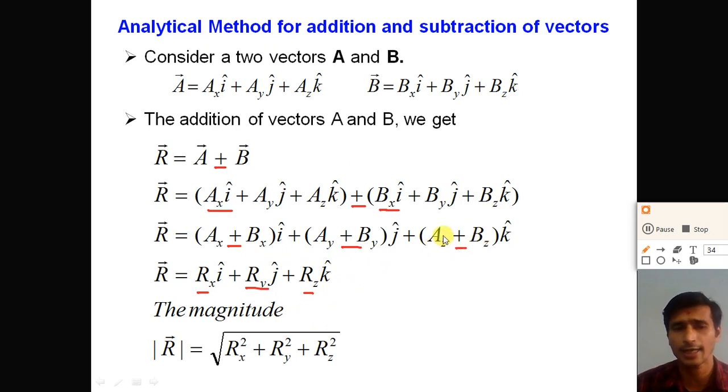So here rx, ry and rz are the components of the resultant vector in the direction of x, in the direction of y and in the direction of z. So here we get the resultant vector.